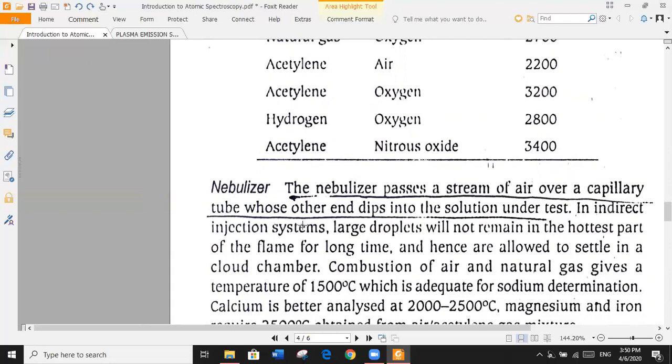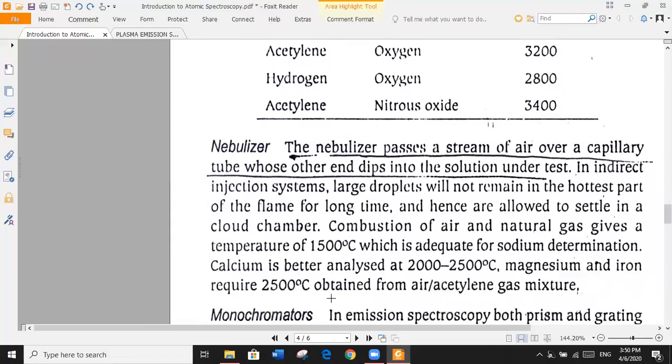In indirect injection systems, large droplets will not remain in the hottest part of the flame for long and hence are allowed to settle in a cloud chamber. Combustion of air and natural gas gives a temperature of 1500 degrees centigrade, which is adequate for sodium determination.